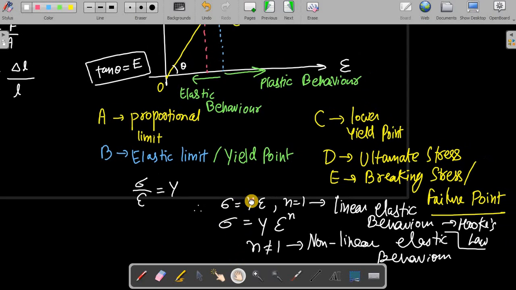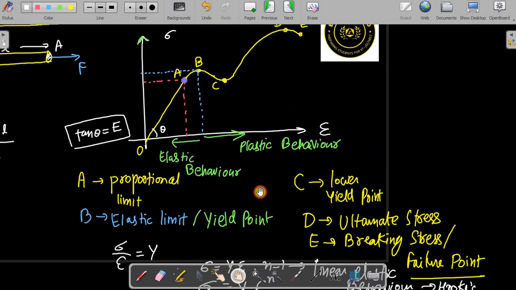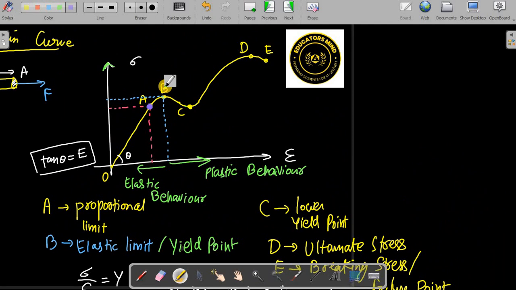After B to C, what happens? At point B the body starts yielding. Yielding means plastic deformation starts happening. From B to C, even though the stress or load is decreasing, there is an increase in elongation.